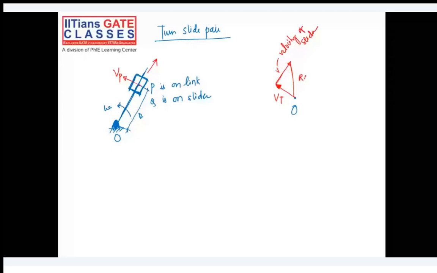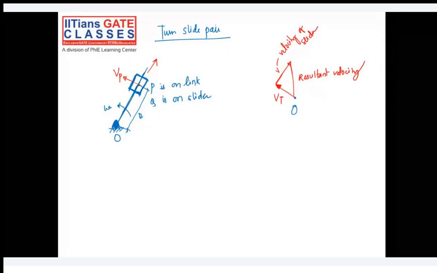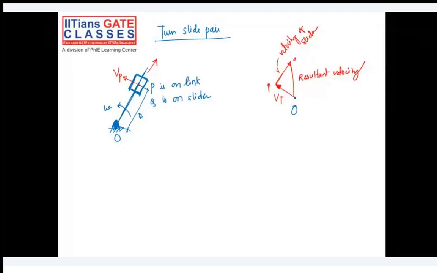Then we have tangential acceleration, which is r alpha. I would have joined these two to calculate the resultant acceleration for the turning pair, but on that we have a sliding pair also.